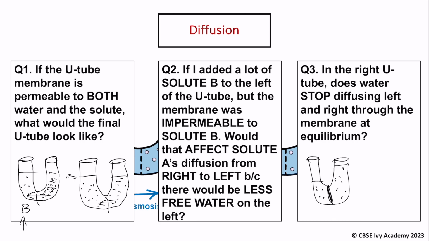So does water stop diffusing left and right even after this equilibrium is reached? And the answer is no. It doesn't stop moving left or right. It's just that there's no net movement of water in any one direction. But it's still a dynamic state where there's still movement of water left and right.